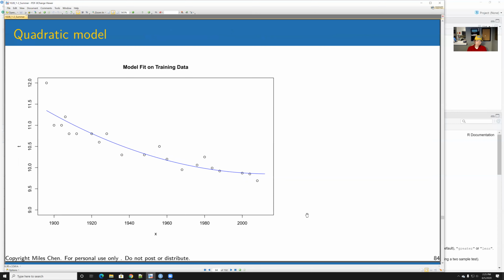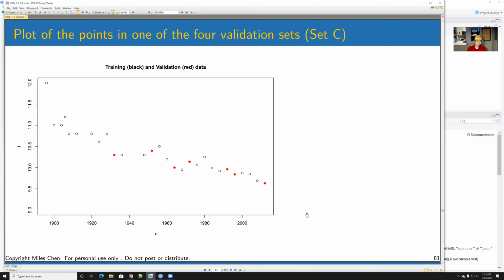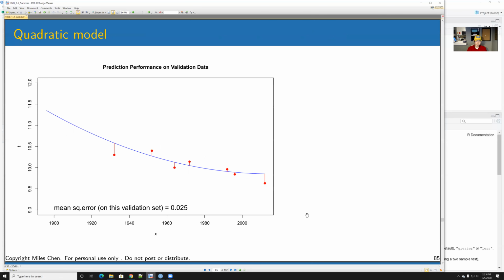Again, here's the original data set. If I remove those red data points and fit a quadratic model on the remaining 21 data points, this is what we have. Then again, we bring back the red data points and ask how much error there is.